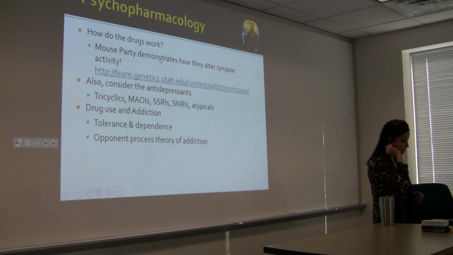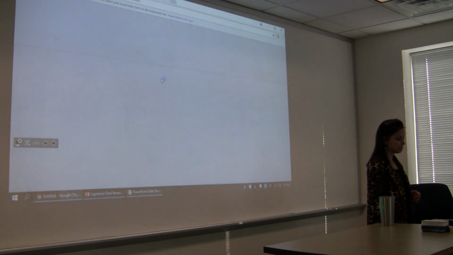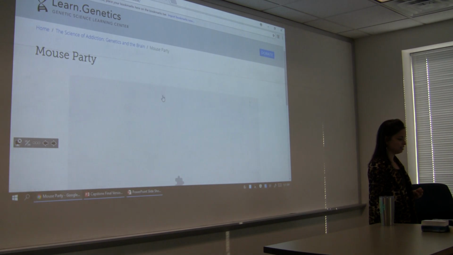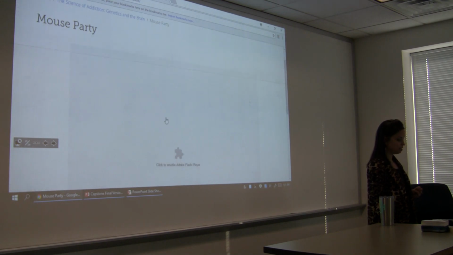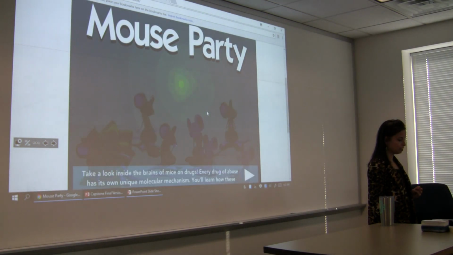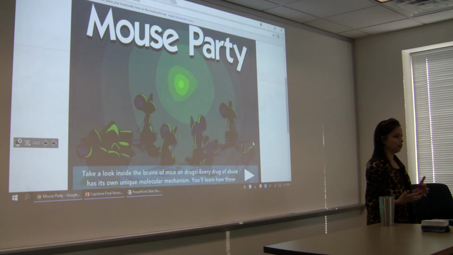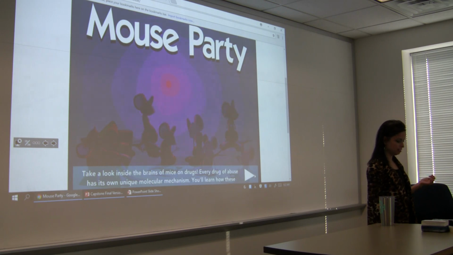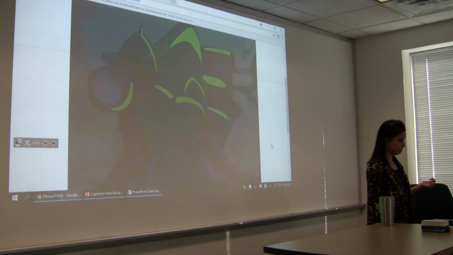It's very exciting. There's a game called Mouse Party. Let's see if the link works. Mouse Party is something that can be used to study neural mechanisms at the synaptic level of drugs. Hypothetically, you're a mouse and you're at this party and all of the mice are on drugs.